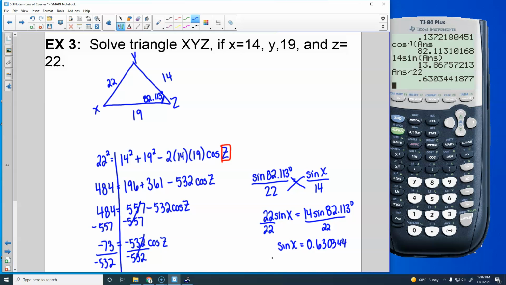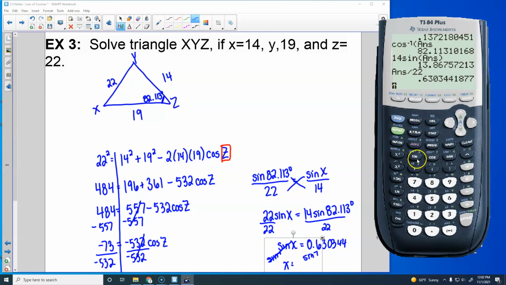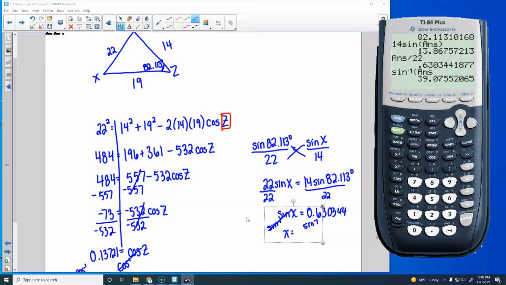And how do we get rid of sine? Inverse. And so sine inverse is going to give us 39.076.